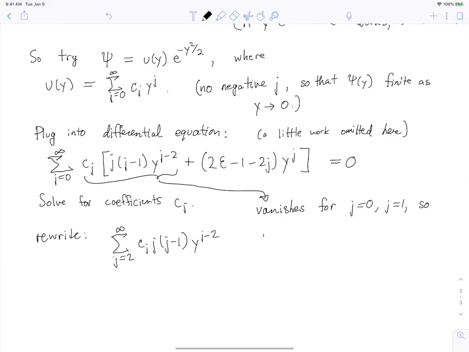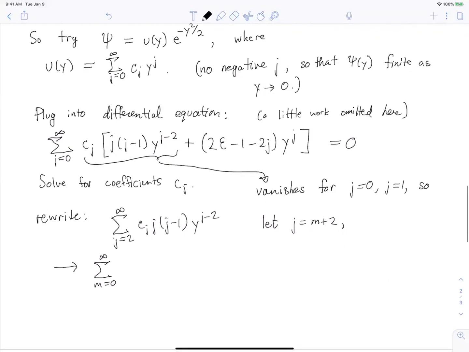But now we're going to make a relabeling. We're going to let j in this equation be m plus 2. And that way this becomes the sum m equals 0 to infinity, because if j equals 2, m equals 0, of c sub m plus 2 times m plus 2 times m plus 1 y to the m.